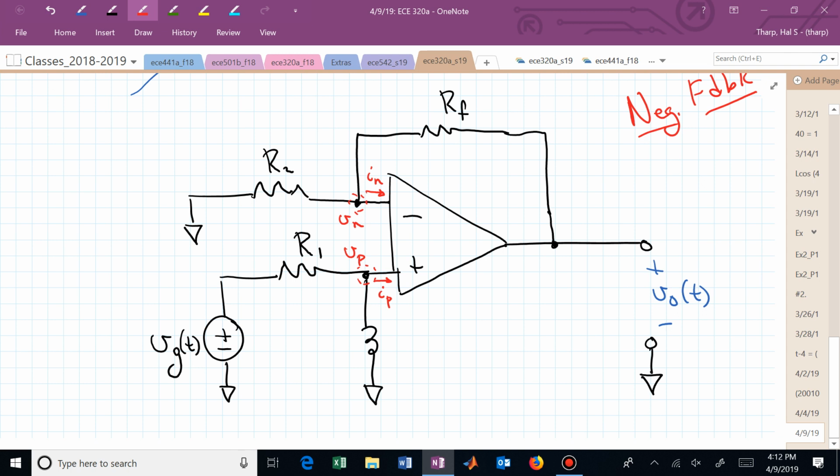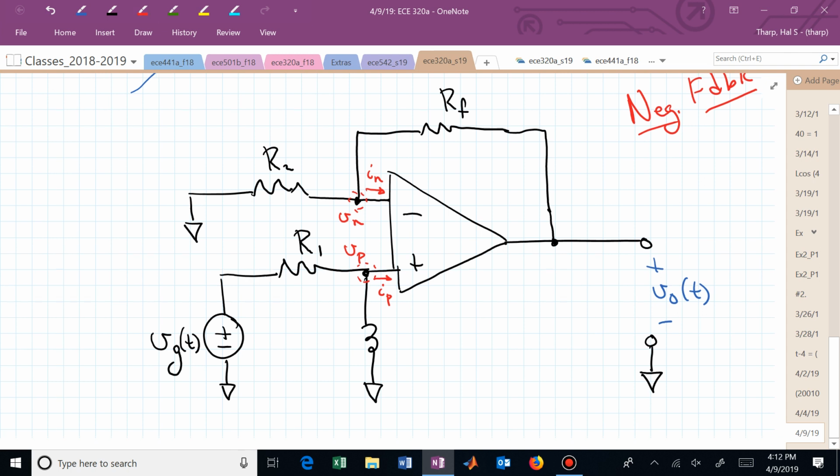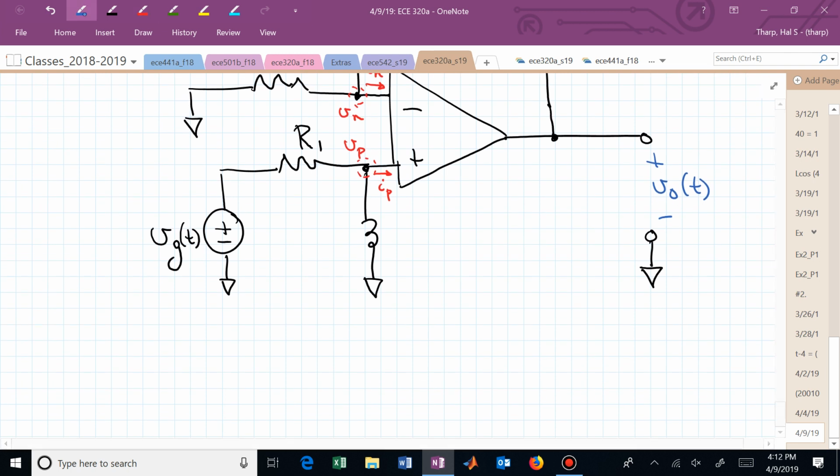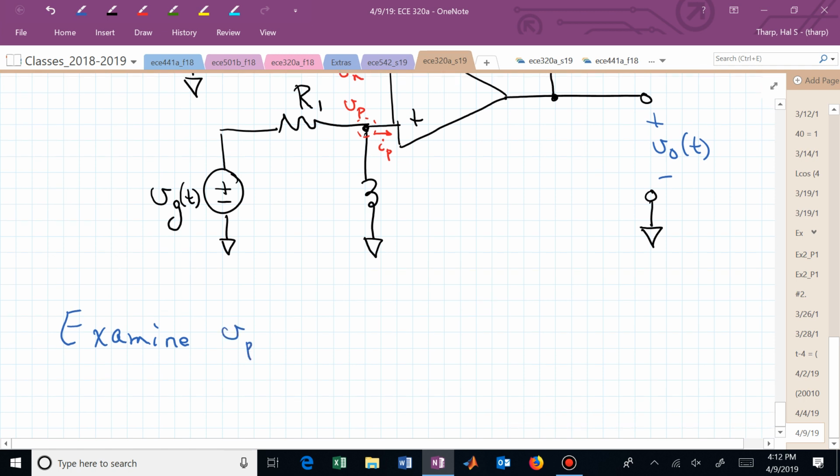So now let's examine. We're going to analyze this in stages. Let's examine this non-inverting terminal subcircuit, or the V sub P subcircuit.